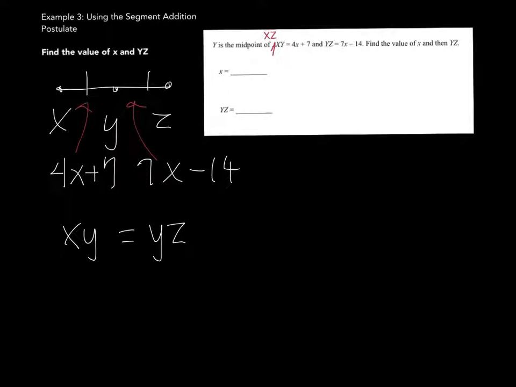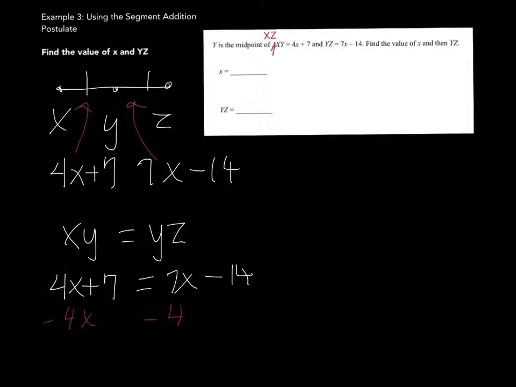So now if we just substitute in those two expressions, 4x plus 7 is going to have to be equal to 7x minus 14. Okay, so now the rest of this is just algebra. I'm going to combine my like terms, and I'm going to start by subtracting 4x from both sides.